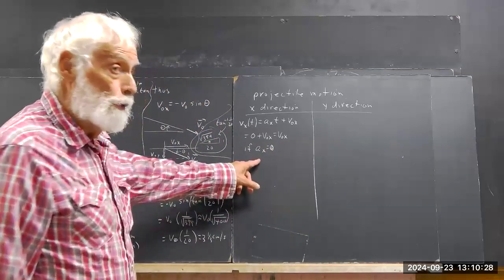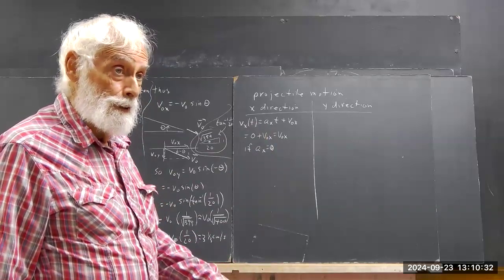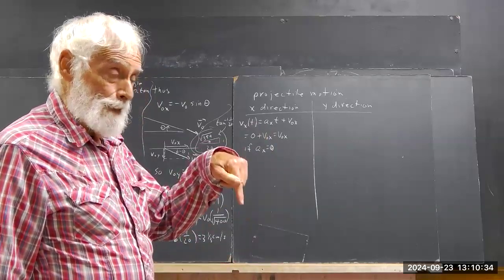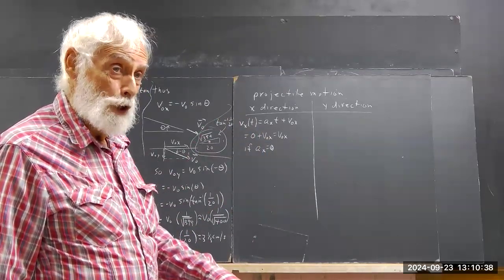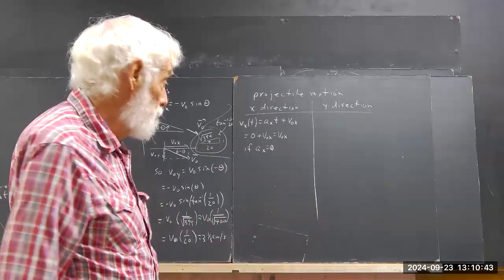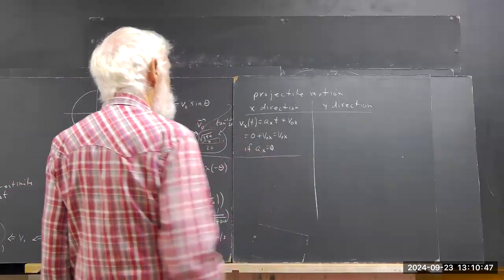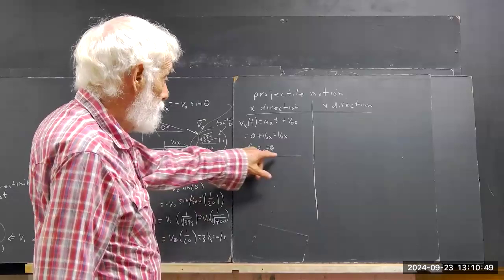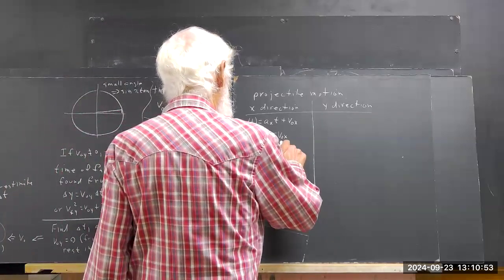Now gravity has no component in the x direction. It's purely in the y direction. It's negative 10 meters per second squared j plus 0 i. You use the i and j vectors. And for an ideal projectile, this is our assumption. So this is assumed.